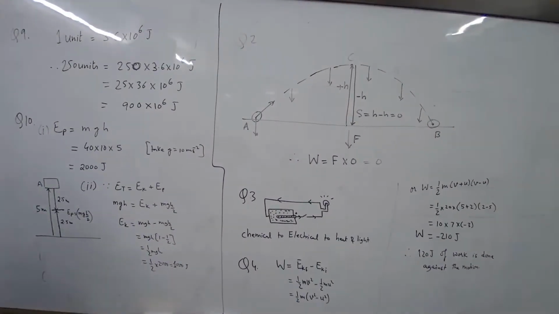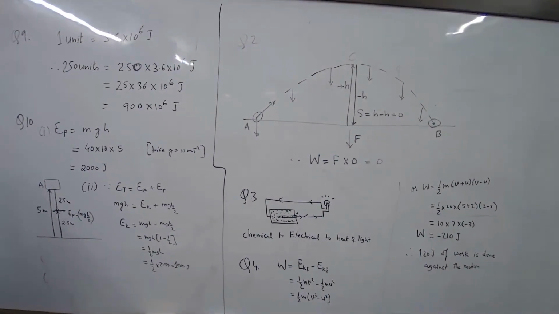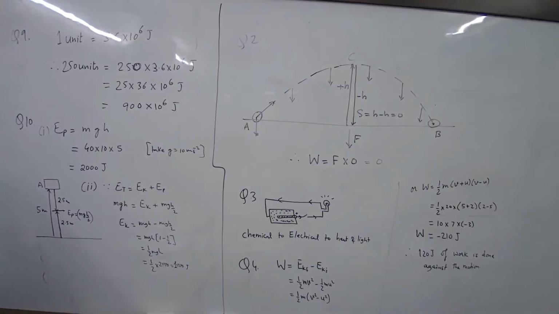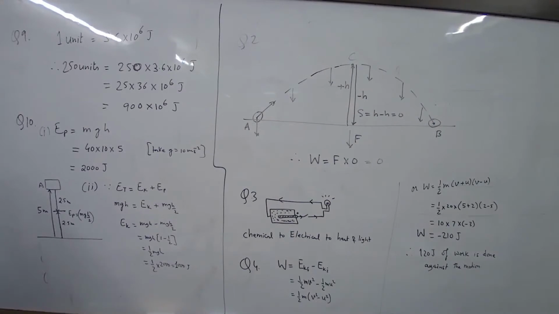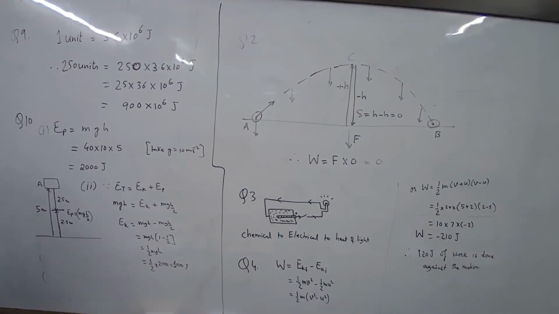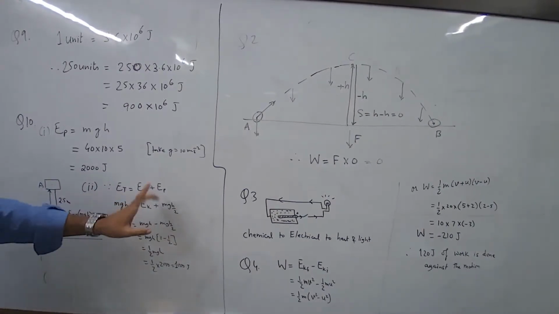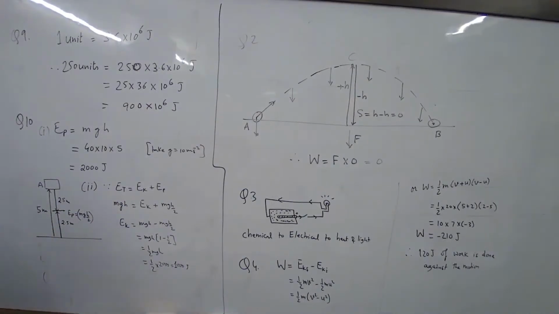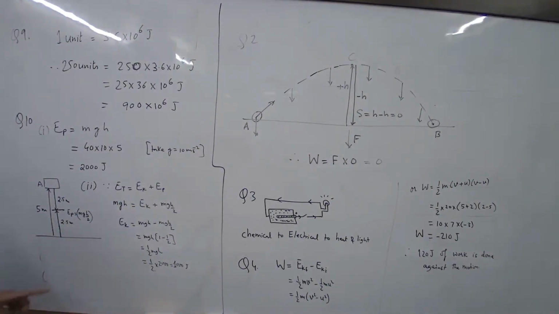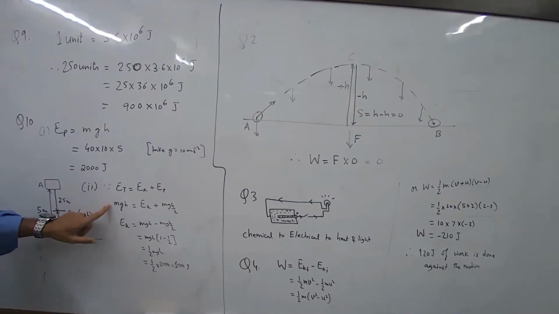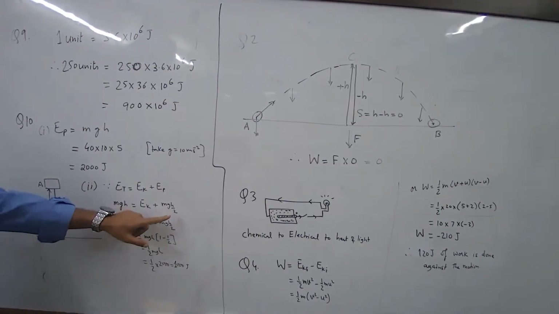But how do you find the energy at half height? Total energy will remain the sum of kinetic and potential. So at half height, total energy is mgh, obviously.